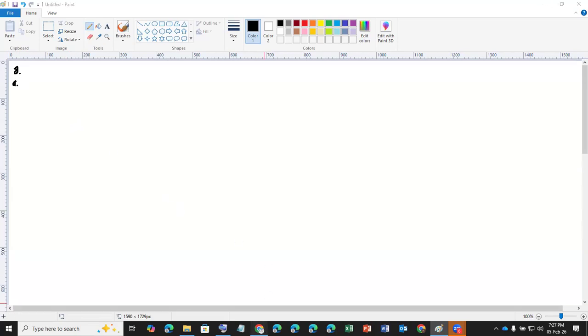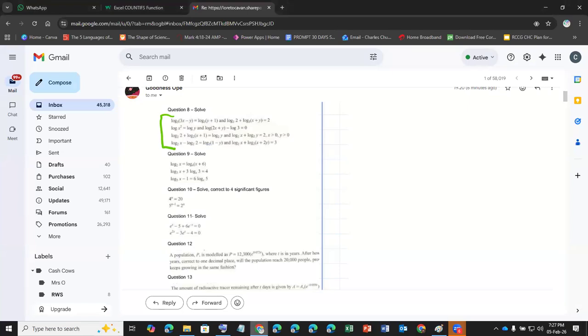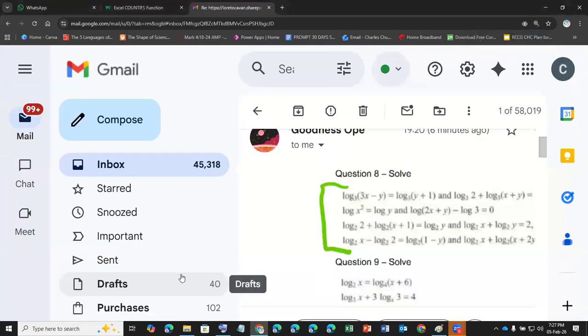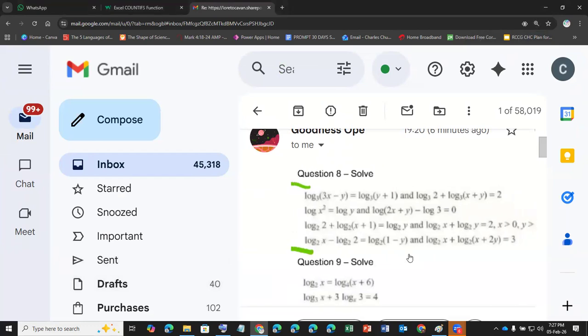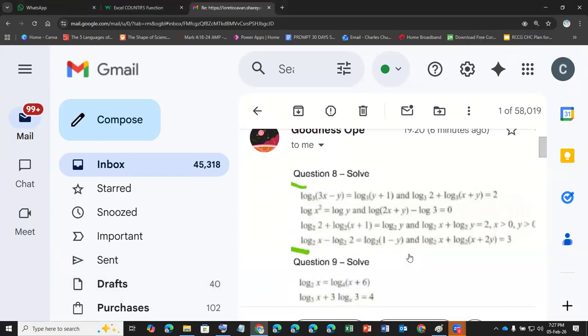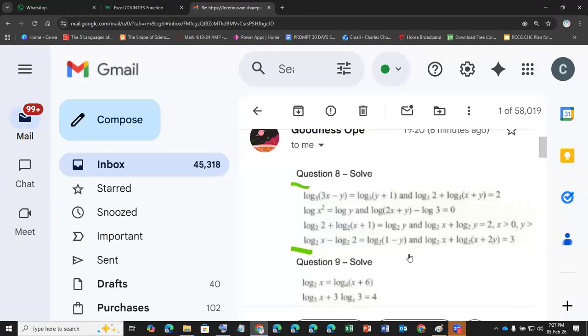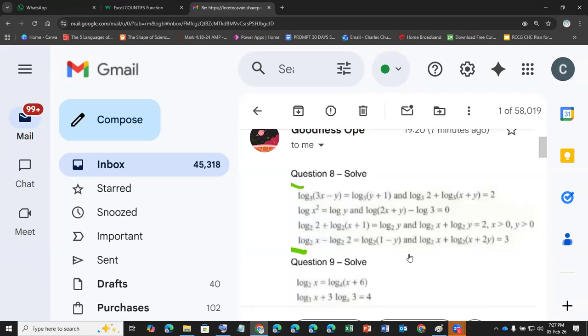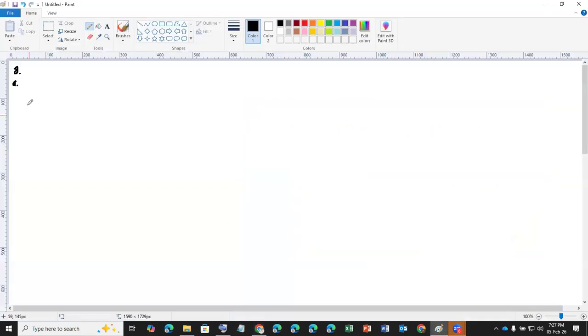So the first one, log of x minus y to base b.